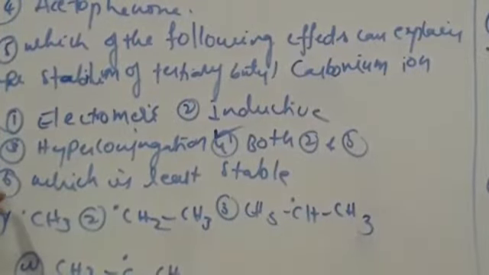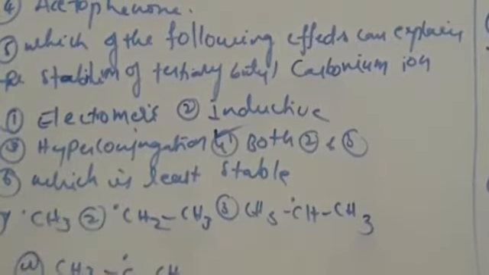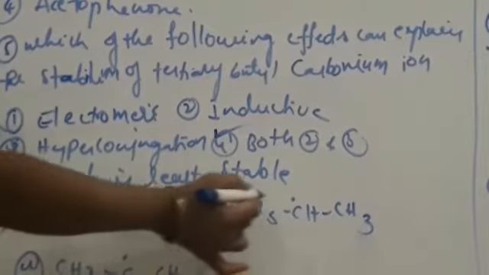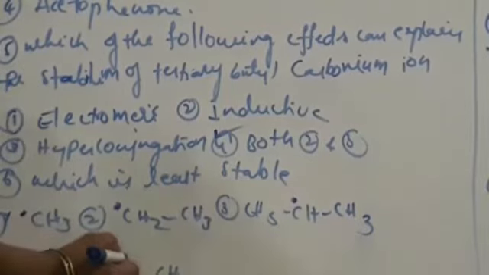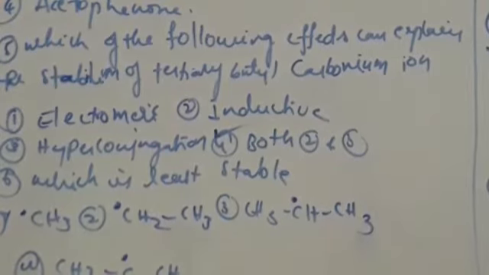Okay. Next, which is least stable? Least stable. So here different free radicals are given. So dot on all these alkyl groups. Dot indicates an unpaired electron and all these are free radicals.